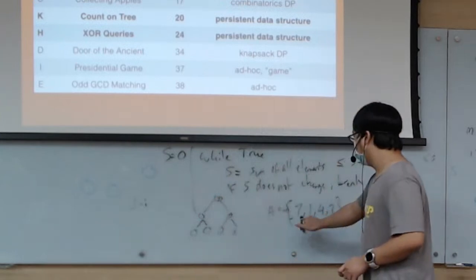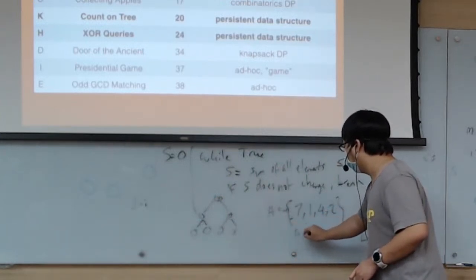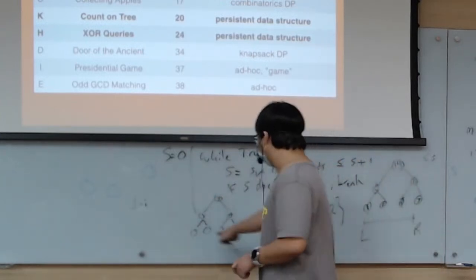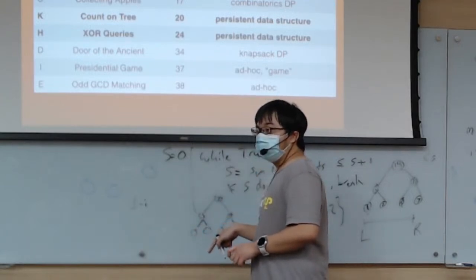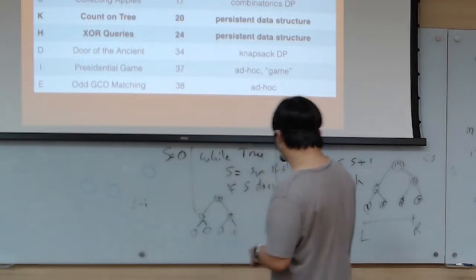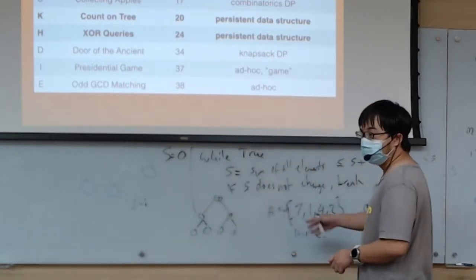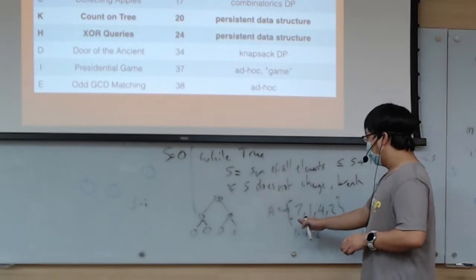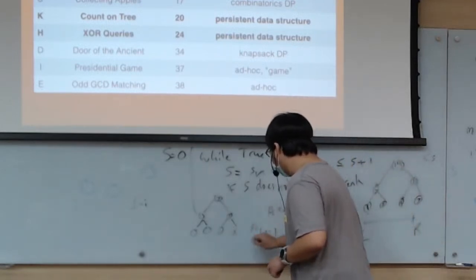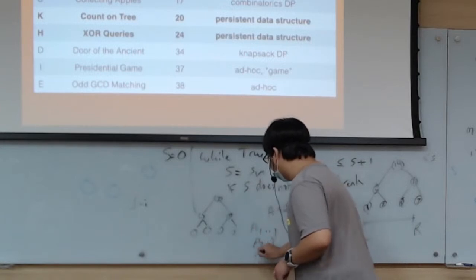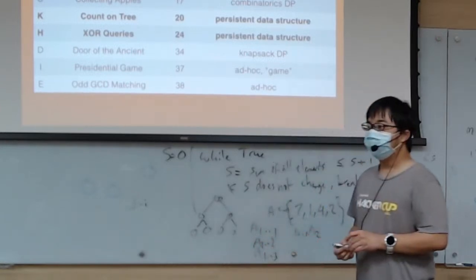And then when you build from A1 and A2, you build from this tree, but you increase this 1. So it becomes 1, 1, 8. Right? And we make it persistent so that we keep each version, not copies. So we know what the segment tree is from A1 to 1, A1 to 2, A1 to 3, and so on, right?